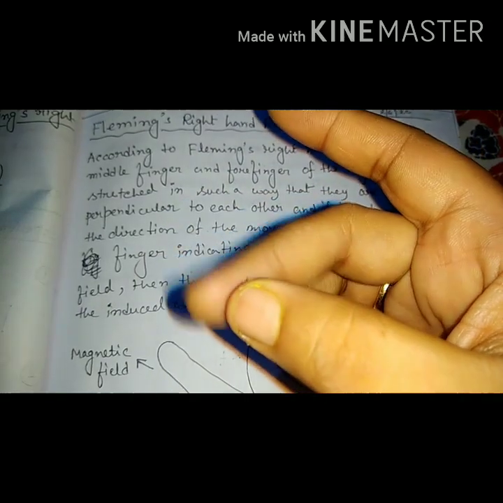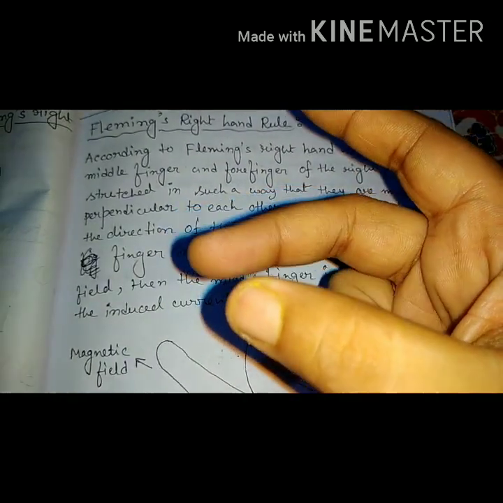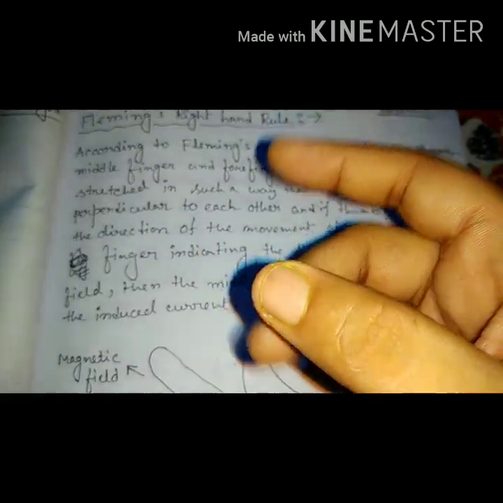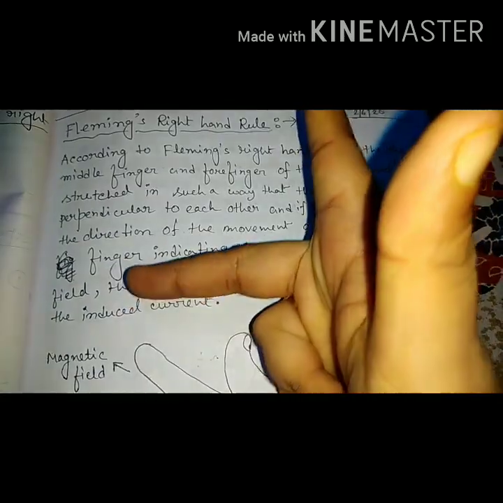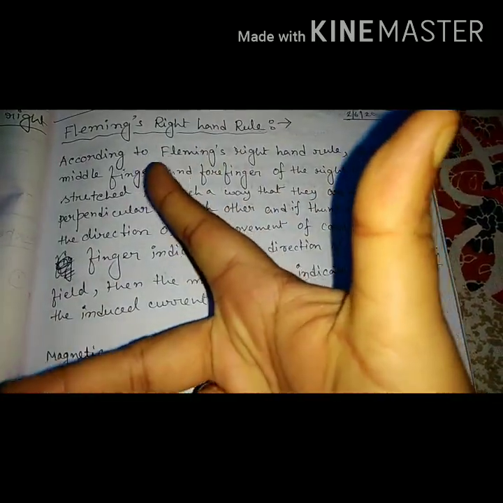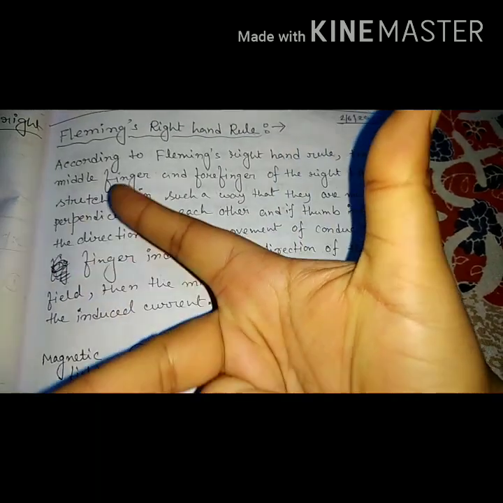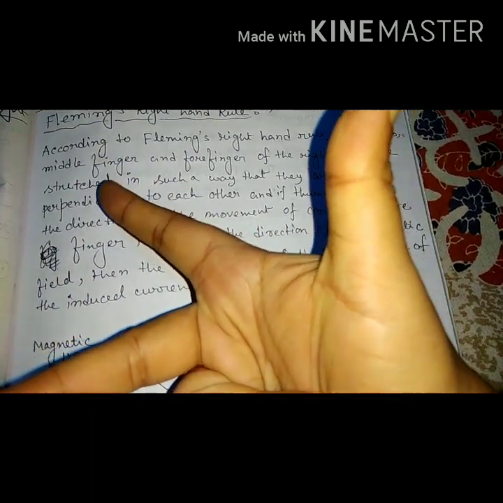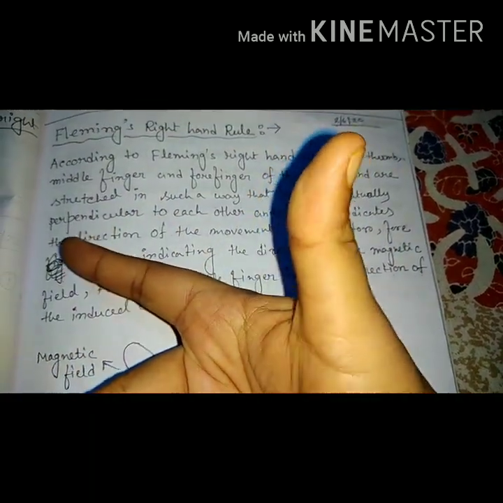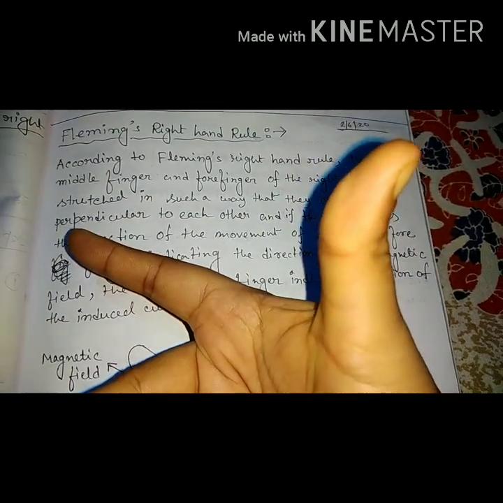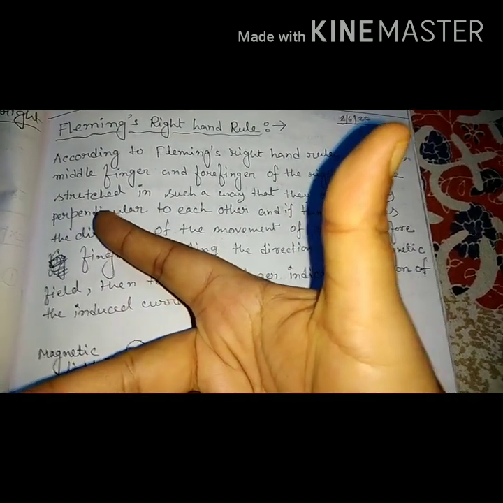So for current, it is the father, mother, child rule. We stretch the fingers in such a way that they are mutually perpendicular to each other, like this. Now this thumb will represent the movement of the conductor, that means the direction in which the conductor moves.